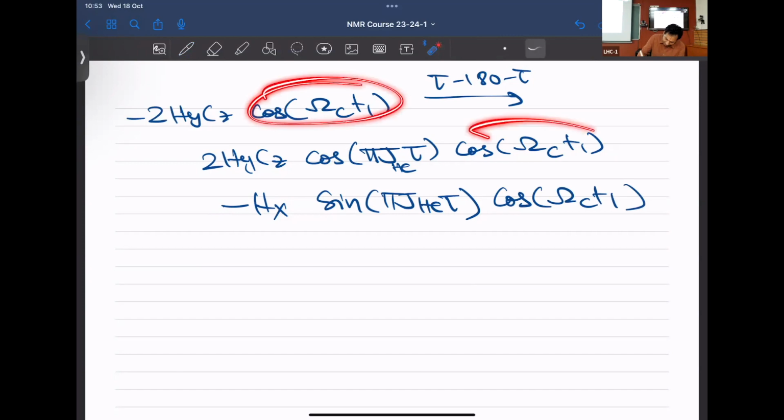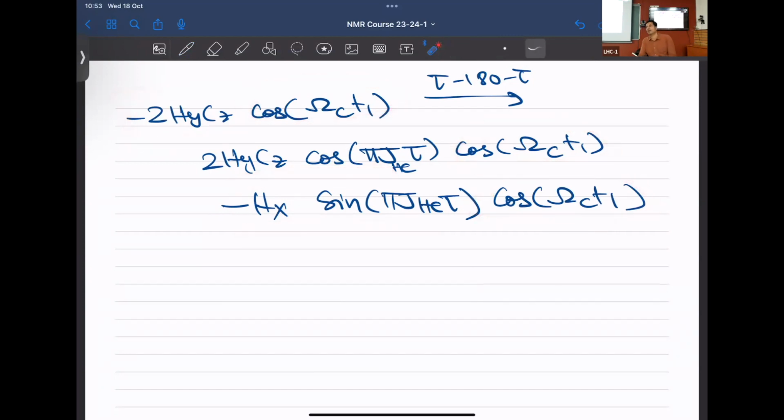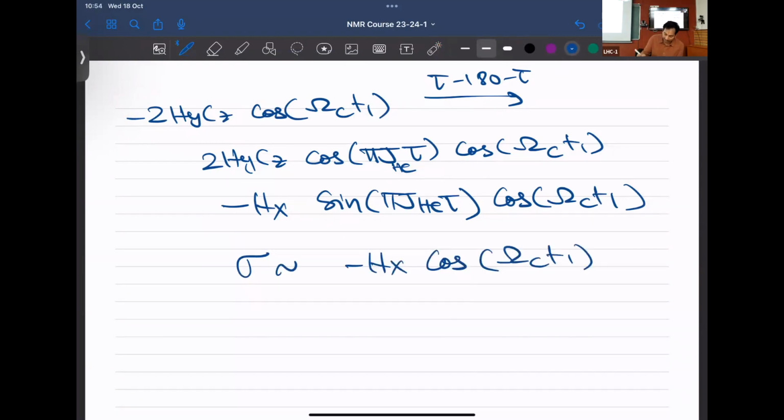The cos omega C T1 will remain. All I am doing is evolving this component with respect to scalar coupling. If you set tau appropriately to 1/4J, you will end up getting the density matrix at that point as minus Hx times cos omega C T1.